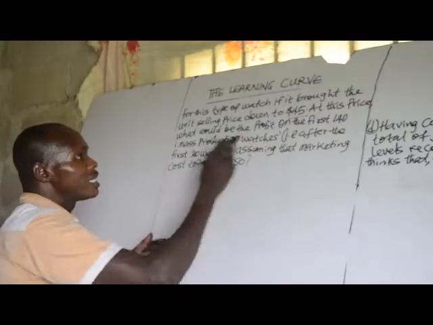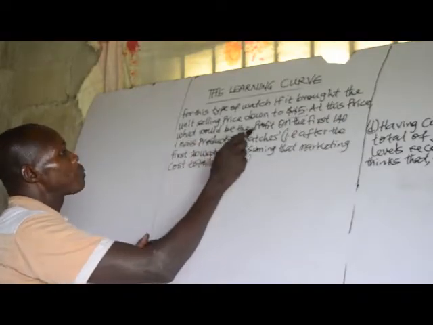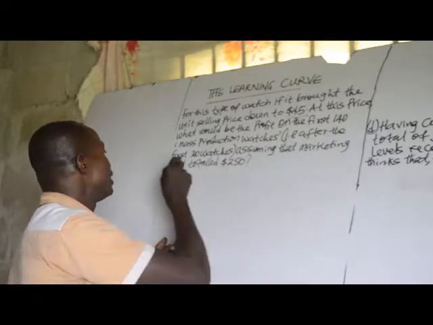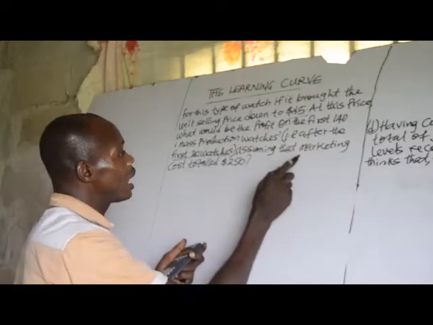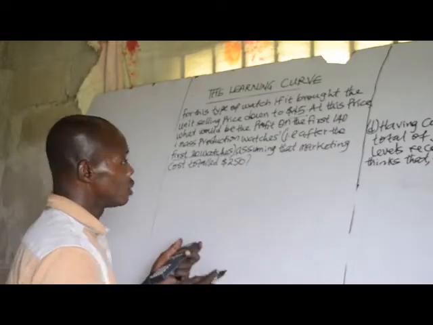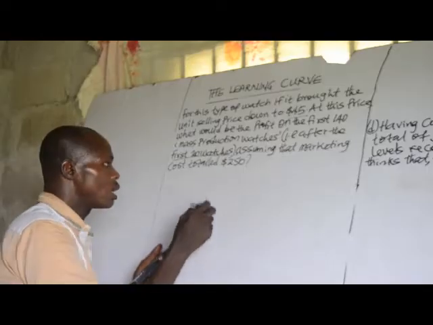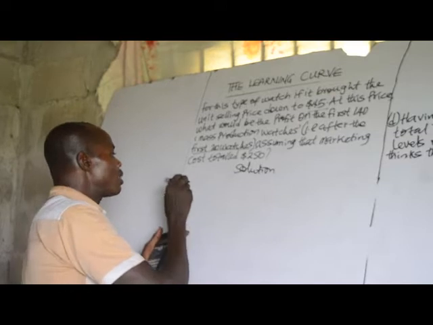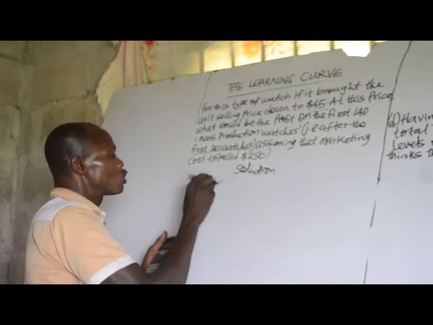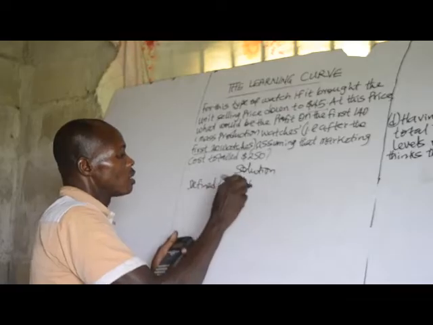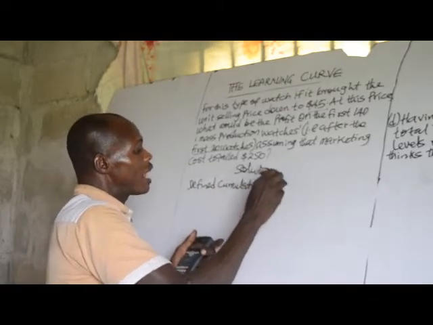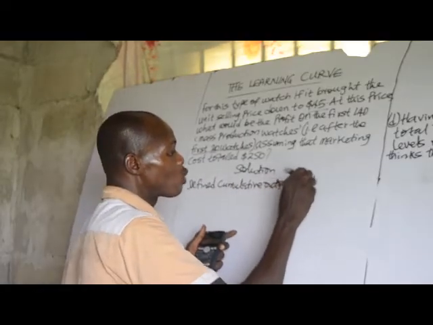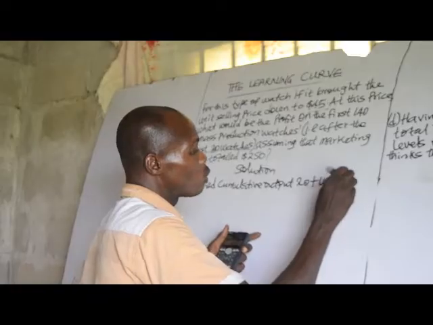At this price, what will be the profit on the first 140 mass production washes, that is after the first 20 washes, assuming that the marketing cost totaled $250? Now the solution. Remember, we define cumulative output: a further order of 140 after the first 20. So we have 20 plus 140, and that will give us 160 washes.